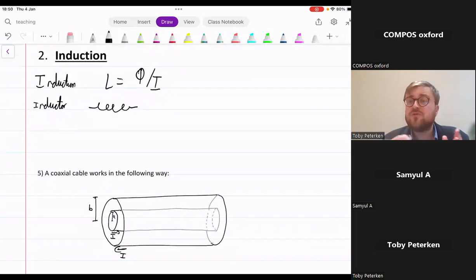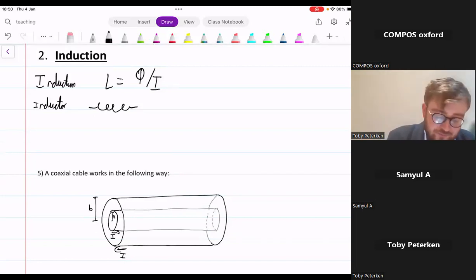So in other words, it's a component in the circuit that opposes a change in current. You have a really quick change of current, the inductor creates a really big voltage, and that really big voltage creates a current. So an inductor opposes a change in current in a circuit.